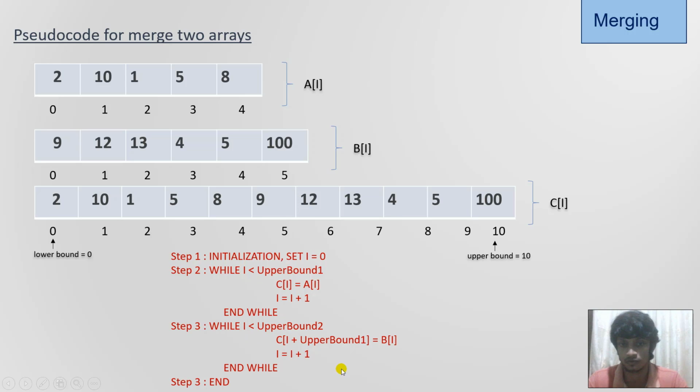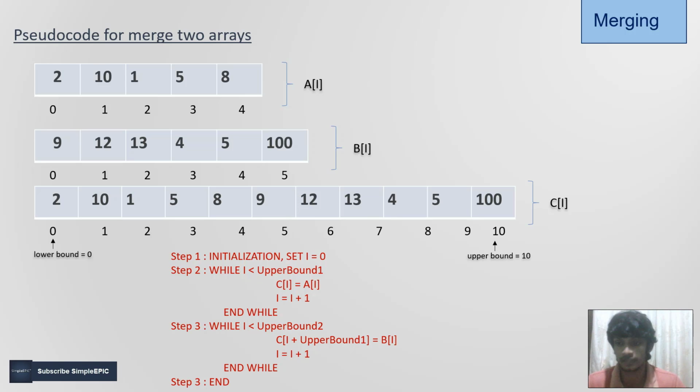But in the second loop the iteration should start with the I index at the upper bound one. Otherwise the values already assigned into the third array will be replaced by the second array values.